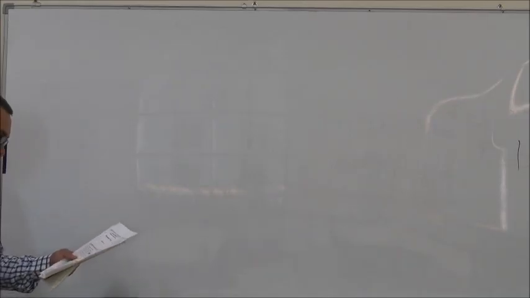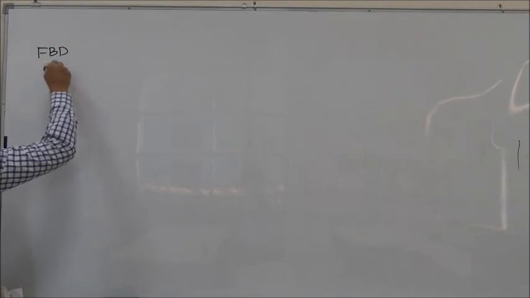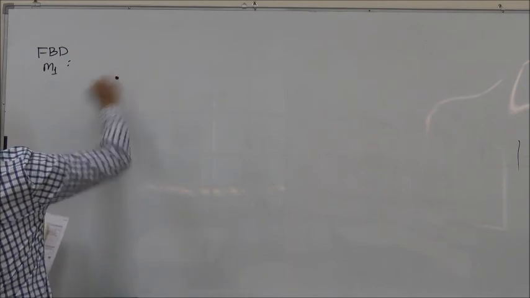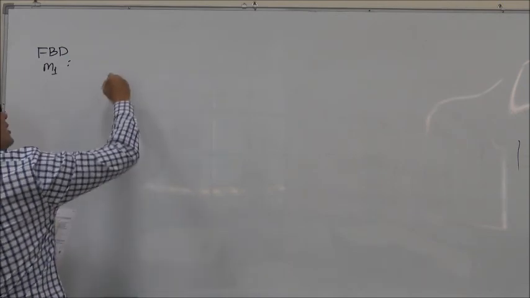In part A of this problem, we need to draw a free body diagram for each of the three masses. So let's start with the first mass. Free body diagram for mass M1, which is hanging on the left side. So this point is mass M1.